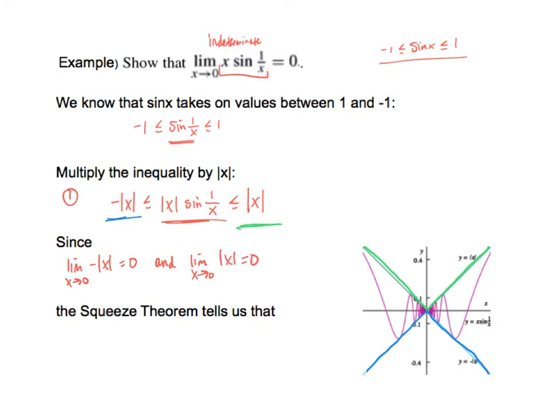The squeeze theorem tells us that the limit of x sine 1 over x must also equal 0. Because we had 1, 2, and we can make the third statement. You have to show me those 3 steps. The first thing, acknowledging our range restriction, is underlying background knowledge that we have to have. But 1, 2, 3 steps have to be shown in order to prove with the squeeze theorem.